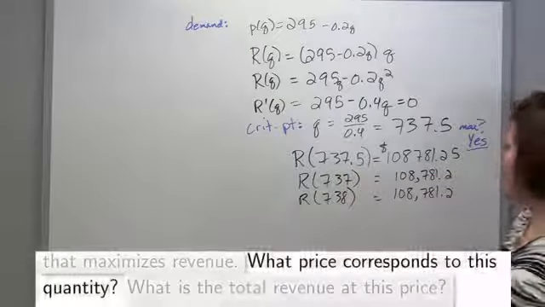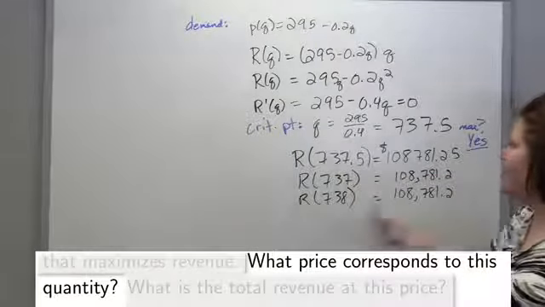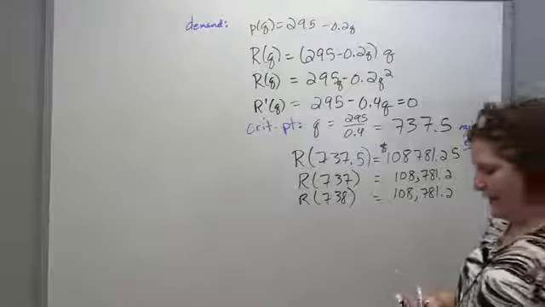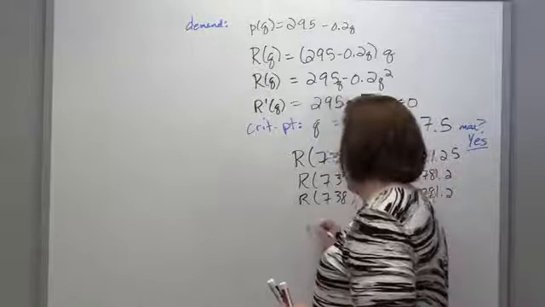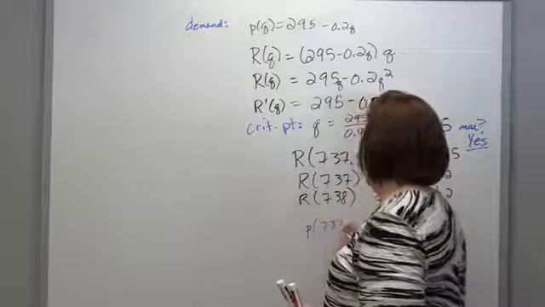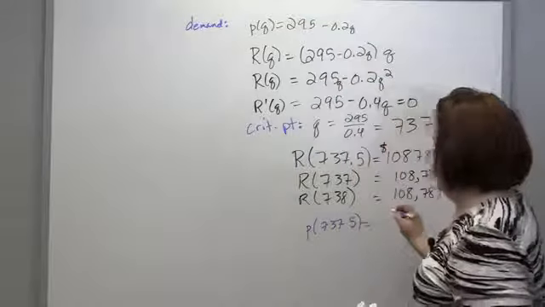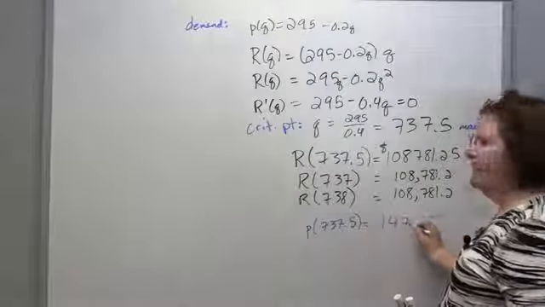And so the price, what price should we charge if we want to sell this? Again, we would plug in P of 737.5 into our price function, and we get 147.5.